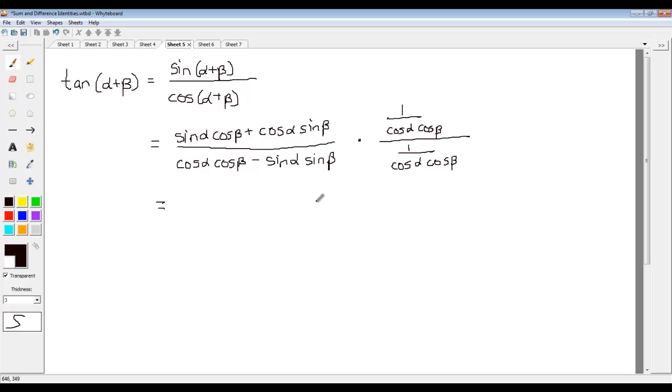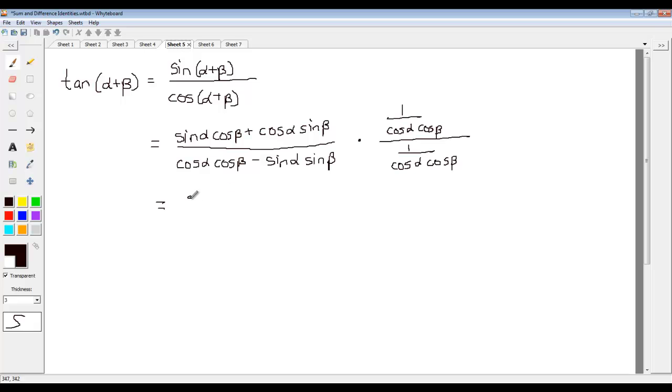Because tangent is sine over cosine. So the point of doing this is to try to get sine over cosine along the way. And that will get us into terms of tangents, because if we know tangent alpha, tangent beta, we want to be able to work with those in this identity. So by multiplying by this, we'll end up with some sines over cosines.